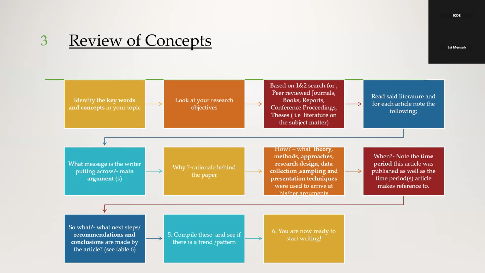Look for recent articles, read them. Check what they are saying, especially when they talk about recommendations for future research. See whether there are gaps. Now, you cannot come to the research gap by reading just one article. You need to read at least 5 and more.